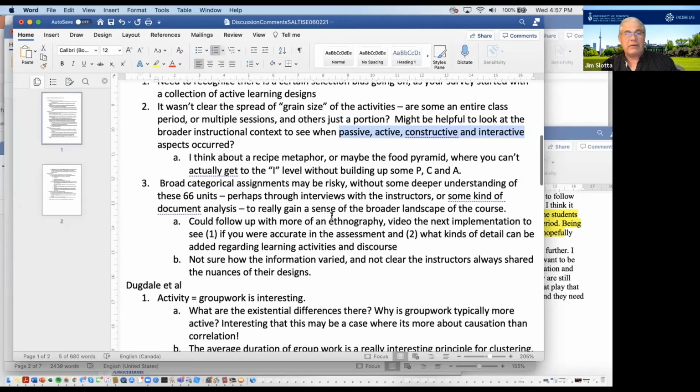I like to think about a recipe metaphor. I mentioned this to you before, but the idea that there's kind of a food pyramid, and if ICAP is the framework you're using, I is kind of the goal, but you really couldn't completely teach at the I level. So you'd need to have some P and some C and some A. And kind of trying to understand the balance of those, but also when they occur, in what order and sequence.